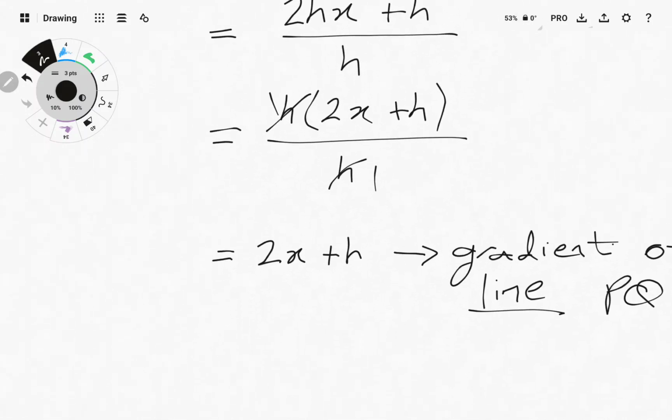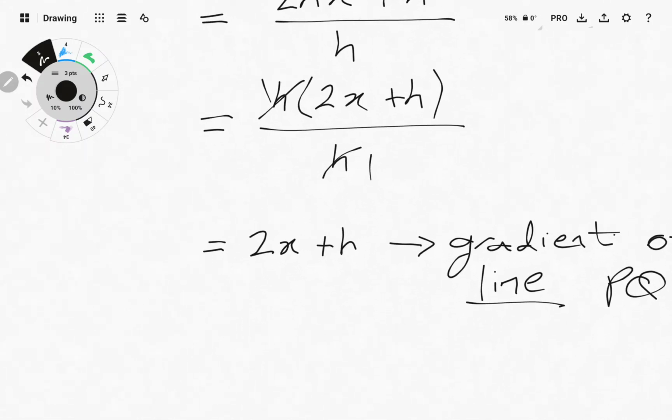Now let's see if we can let h equal 0. In our expression, if I let h equal 0, do I get any infinities or any undefined values? No, I don't. So now we are going to write the mathematical method of writing this.